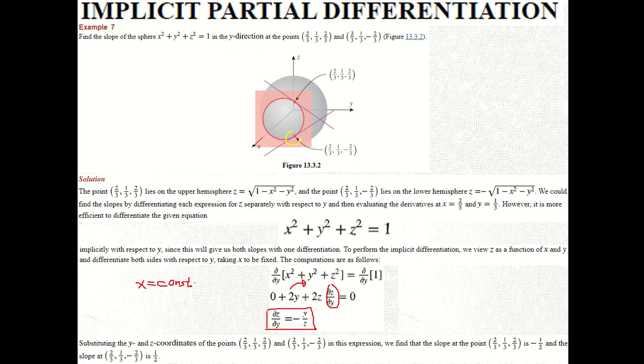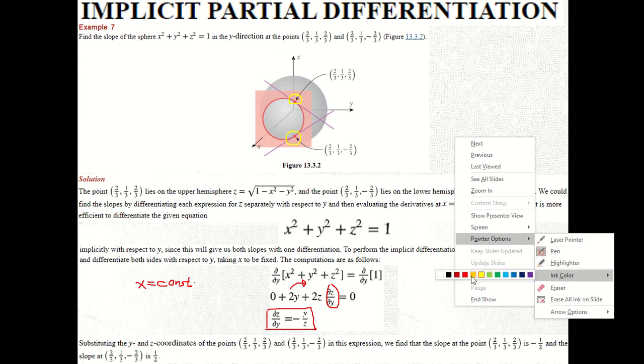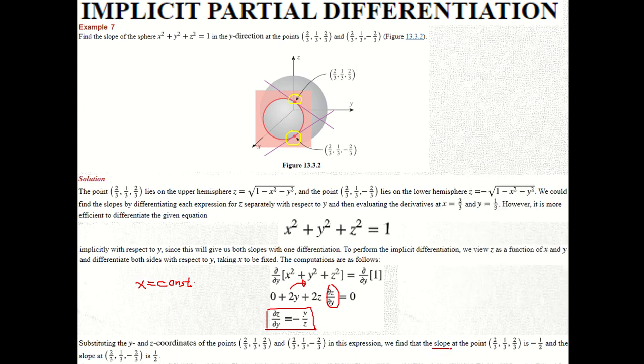And this one here, 2/3, 1/3 and minus 2/3, sorry, this one is for this, and this is for this point here. So when you substitute the values of the y and z coordinates of these two given points in this expression, we'll be able to solve for the slope.